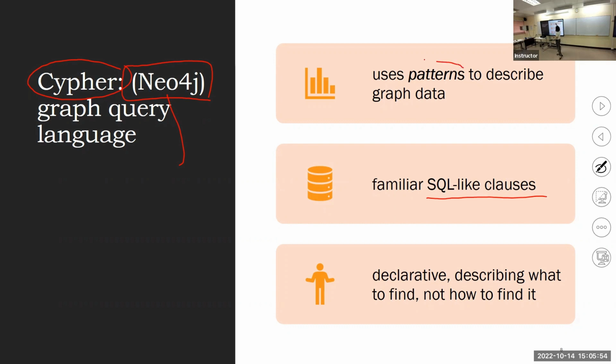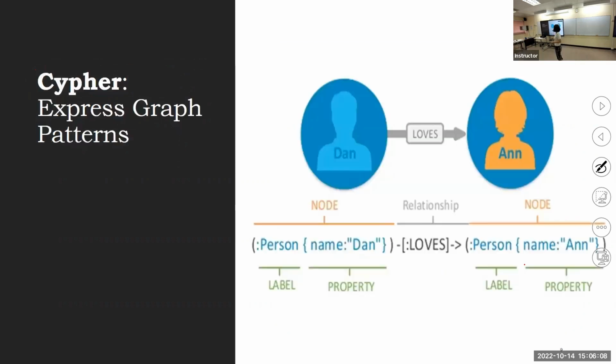And making use of patterns for the traversal, for the relationship of node and link and another node. And it is a way which is declarative and self-describing. You will learn this in more detail from the lab.